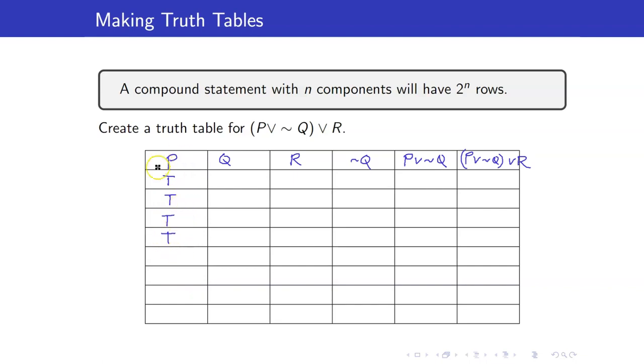Let us fill in the different possibilities for P, Q, and R. Half of the rows will be true for P. Half will be false. These are all the possibilities for P, Q, and R. And then for not Q, just the opposite of this column.